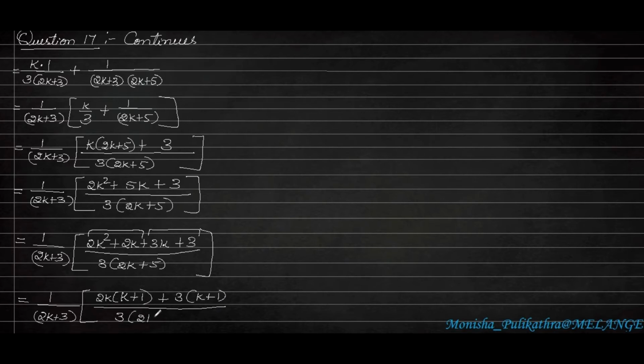So 3 into 2k plus 5. So next is 1 by 2k plus 3 into, here the common term is k plus 1. So k plus 1 is the common term here. Remaining is 2k plus 3, 2k plus 3. Divide by 3 into 2k plus 5.